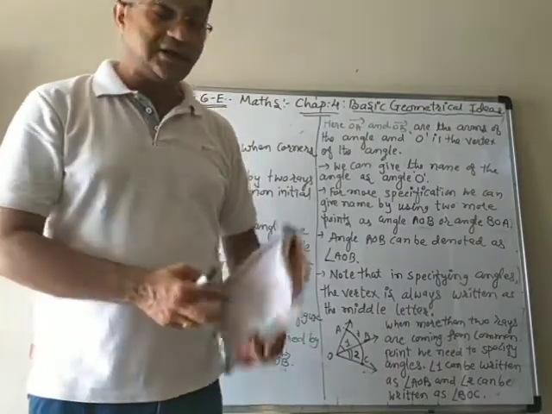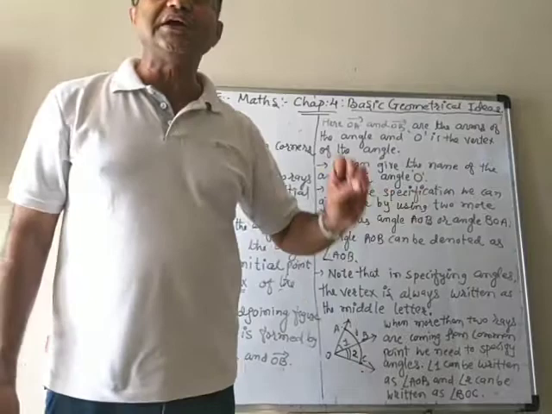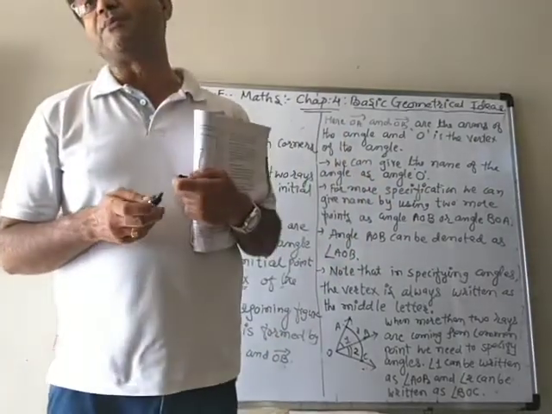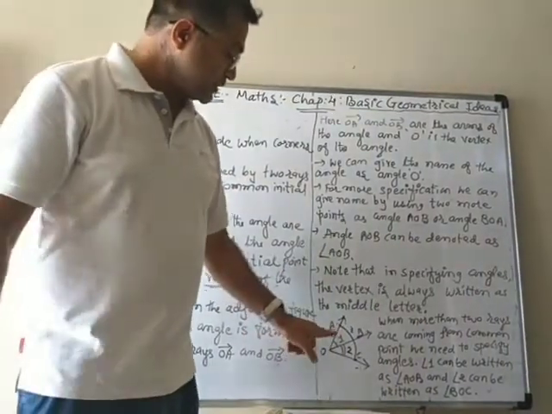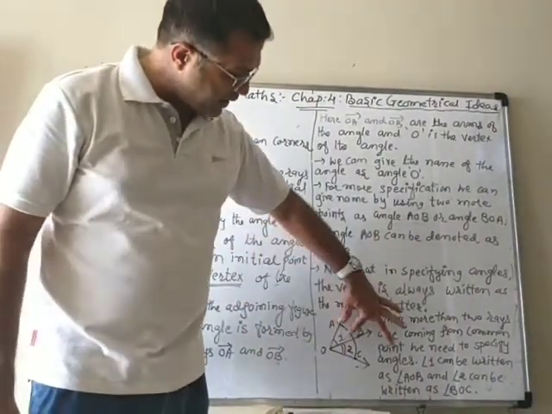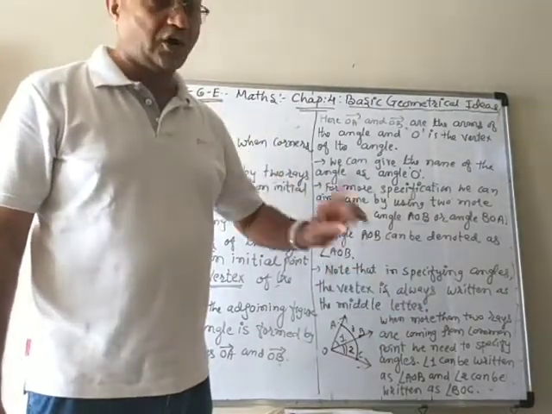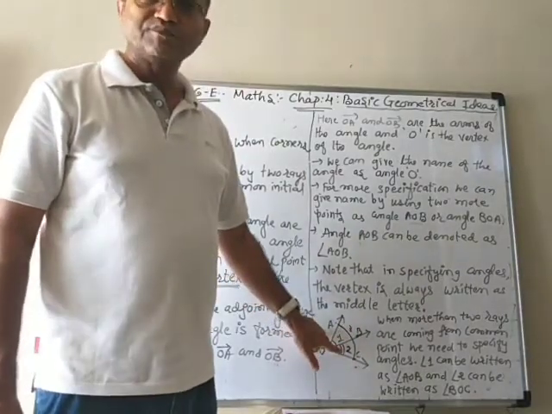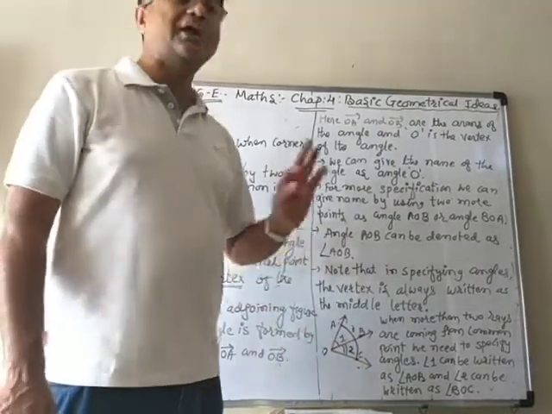In this situation, it is very necessary to write the 3 letters, because otherwise there will be confusion about which angle is the angle O. So here, if you want only the upper angle, you can write angle AOB or angle BOA, not only angle O. Similarly, for the down angle, we can write angle BOC or angle COB only.